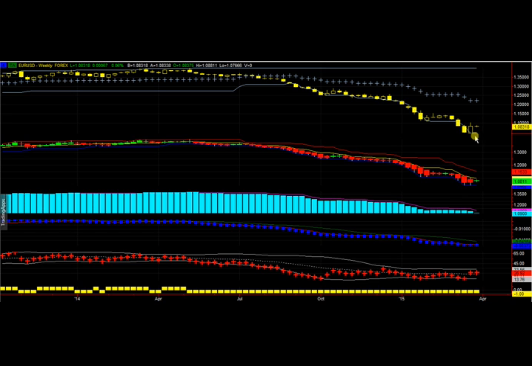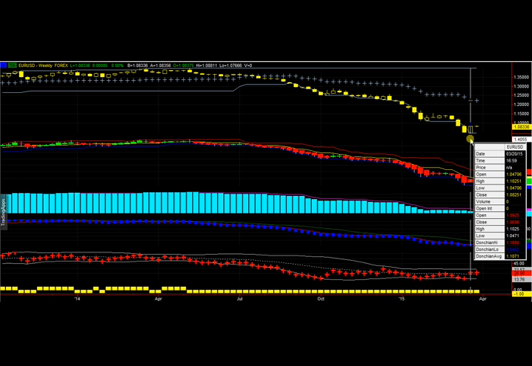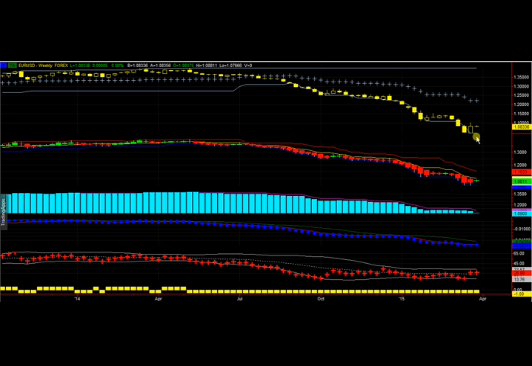Again, should we break the lows of last week, which are 104.70, that would bring additional downside momentum into the euro. So by and large, still negative on the euro, albeit we seem to be looking at some sort of sideways consolidation period this week and going forward a little bit.